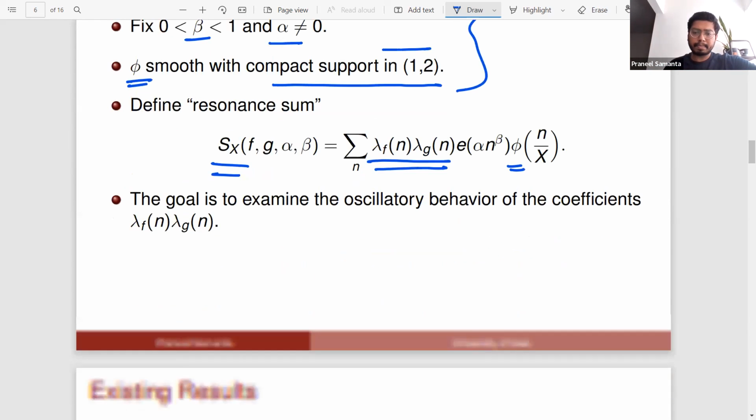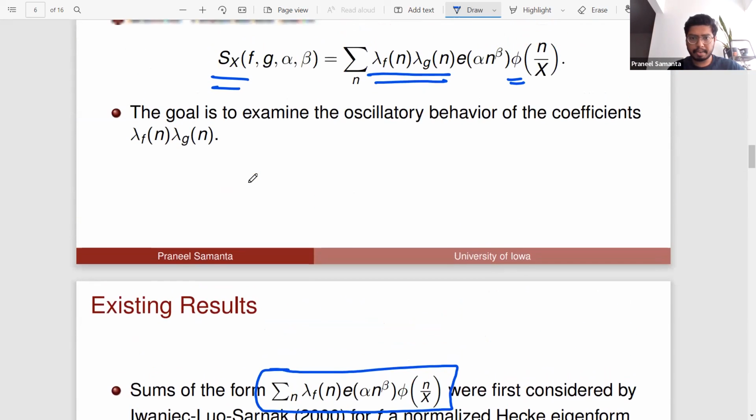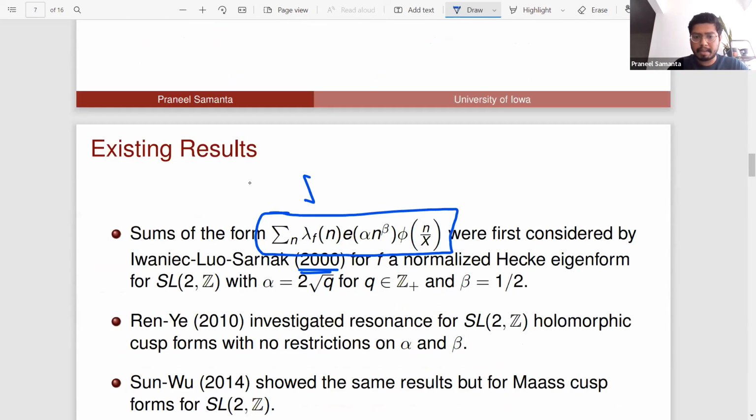All right, so let's look at the history a little bit. As I said, this is a very recent subject. So this came first in 2000 in a paper by Iwaniec, Luo and Sarnak, where they studied sums of this form. I'm highlighting this over here. If you contrast this sum with the sum that I wrote up there, you will see that over here you have a lambda_f(n) and a lambda_g(n), but over here you have just a lambda_f(n).